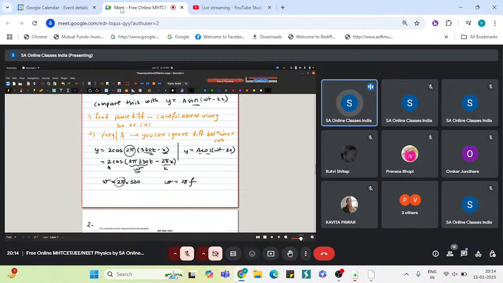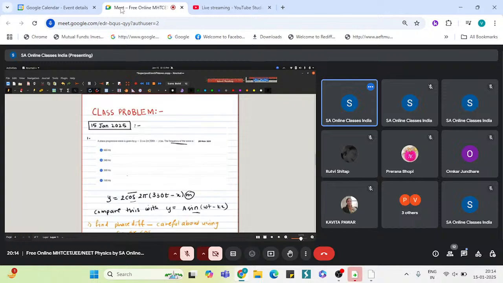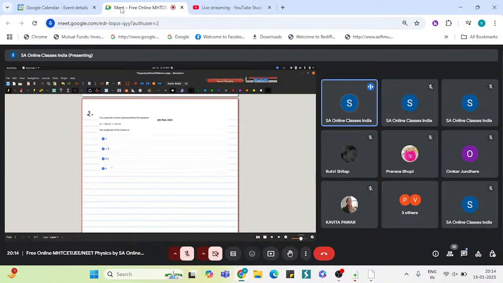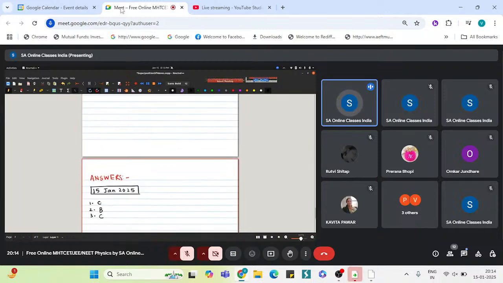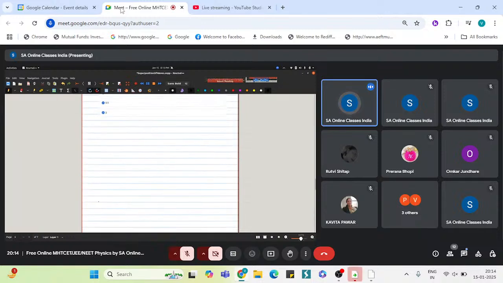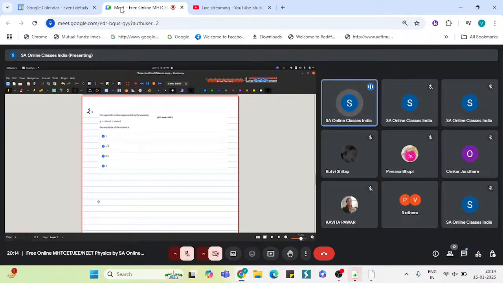Just by comparing this with 2 pi f, we directly get that this value is f. So frequency is going to be 330 hertz, and this is going to be the answer. I'm putting the answer here together so that it doesn't add unnecessary pages.